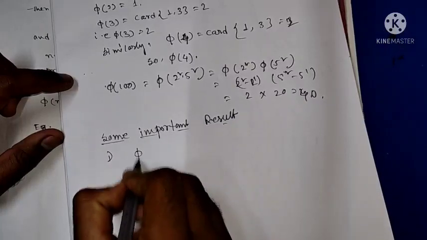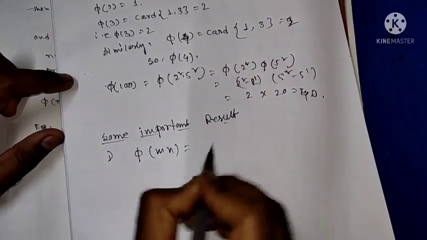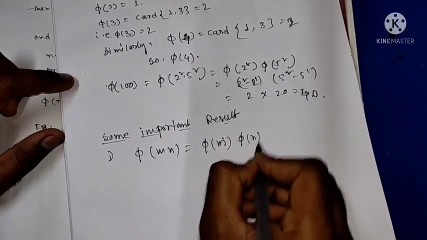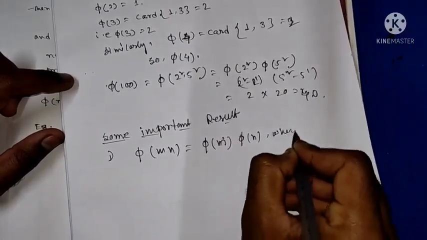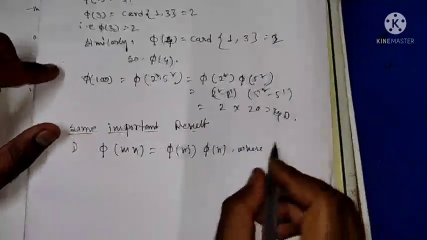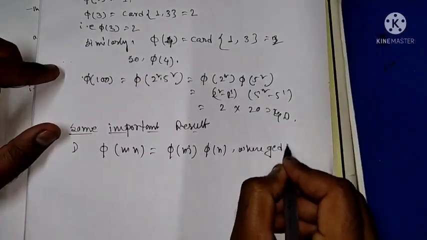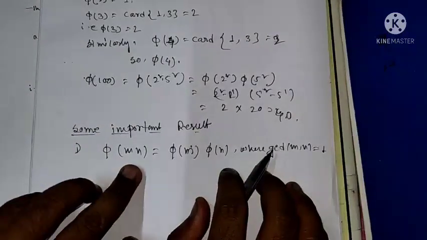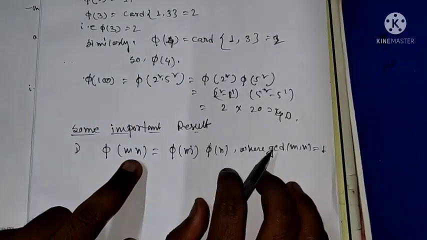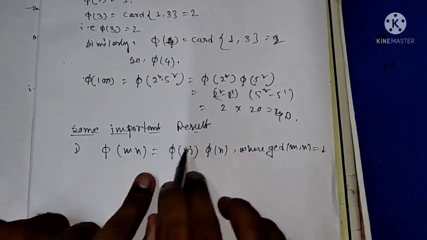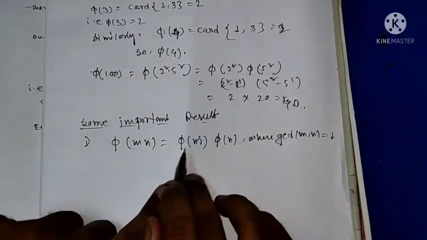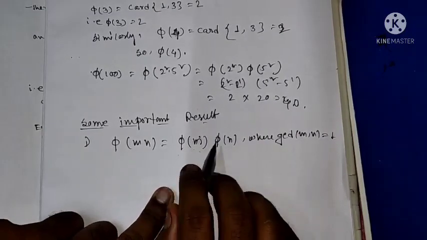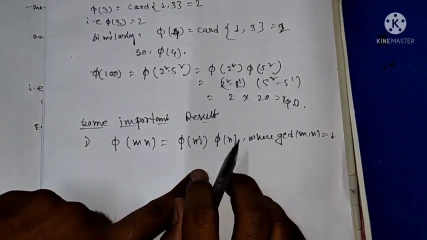Number 1: phi of mn is equal to phi of m into phi of n, where GCD of m, n is equal to 1. That is, if m and n are co-prime, then phi of mn will be phi of m dot phi of n.